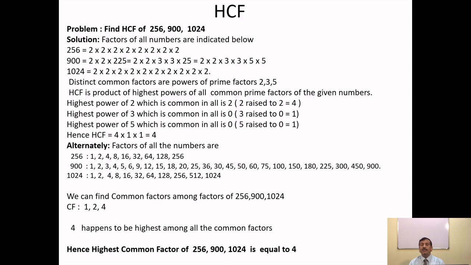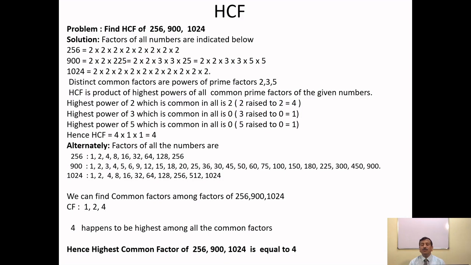So 256 has a factor 2 to the power 8, 900 has 2 to the power 2 and 1024 has 2 to the power 10. Among these three numbers, the common power is 2 to the power 2. So 2 raised to 2, equal to 4, is the common factor pertaining to the power of 2.